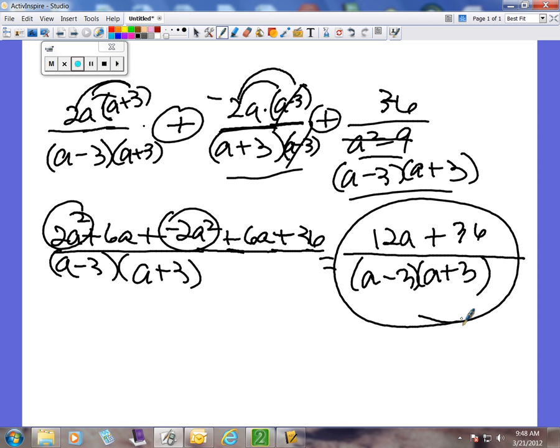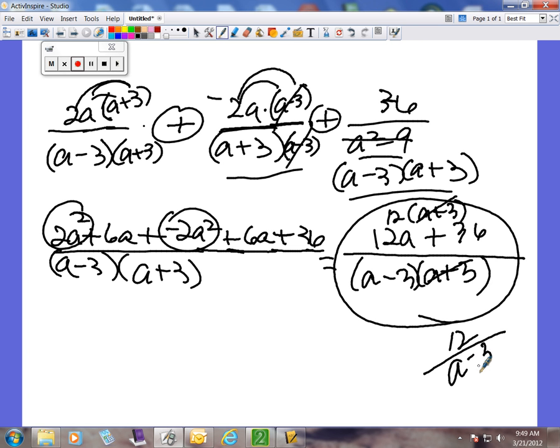What happens when I take a 12 out of this? Don't I get a plus 3? So see, this could be reduced. This could be simplified. This is when you simplify, after you have your final answer. Then I could cancel the a plus 3's and my final answer would be 12 over a minus 3.